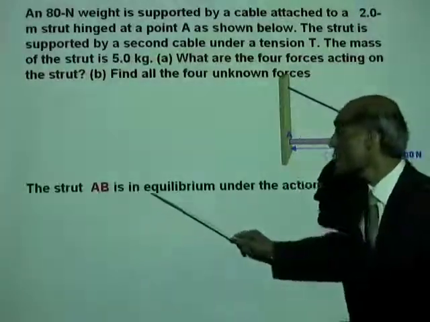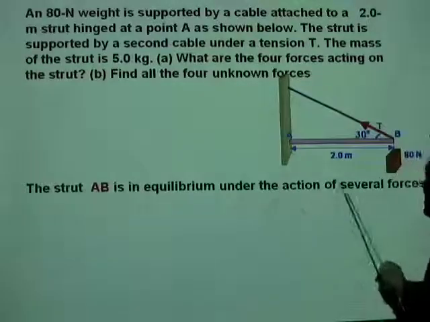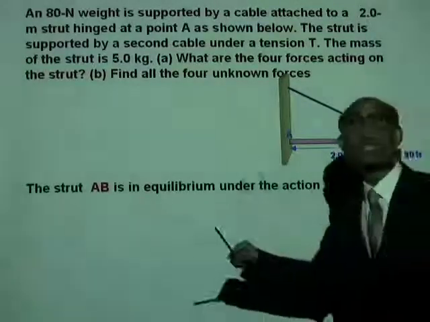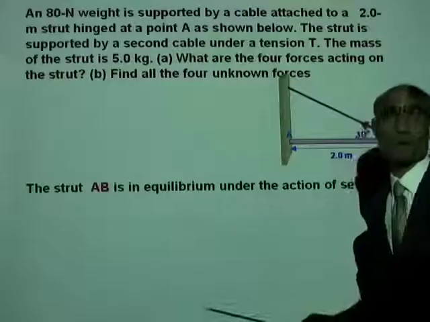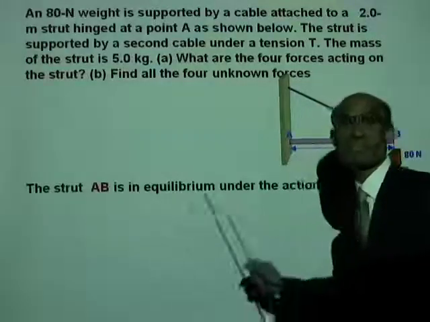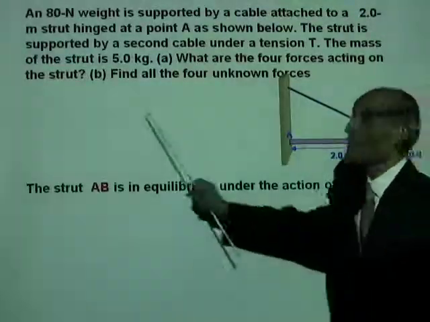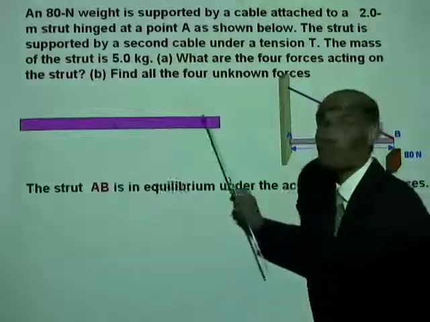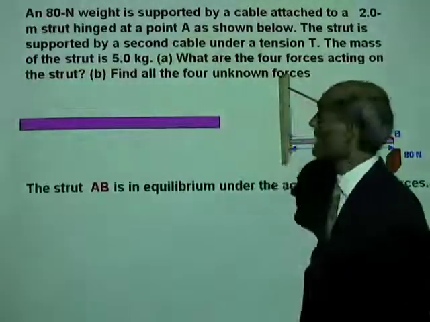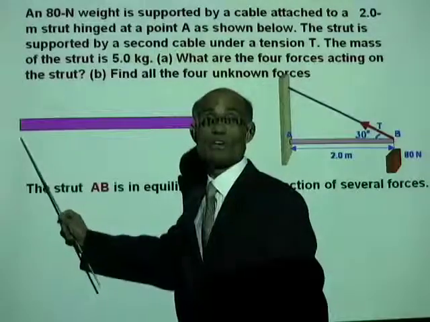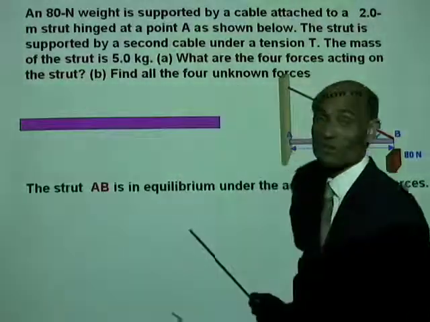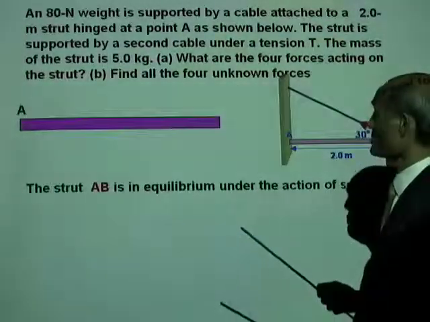The strut AB is in equilibrium under the action of these several forces we just talked about. So the first thing to do is, let's isolate the strut and draw a separate diagram. This is the strut, and let's draw the various forces.